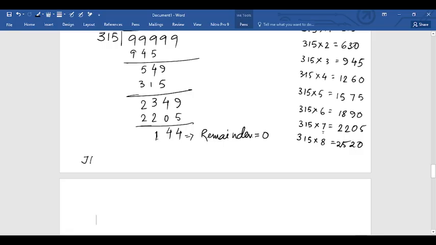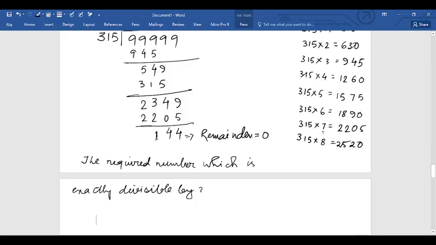The required number which is exactly divisible by 315 is equal to the greatest 5-digit number minus 144, which is 99855. This is the answer.